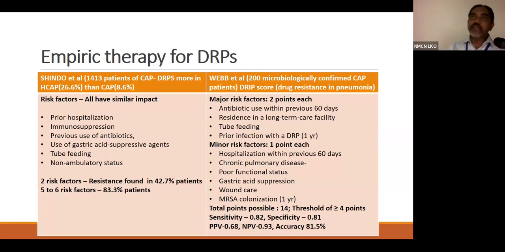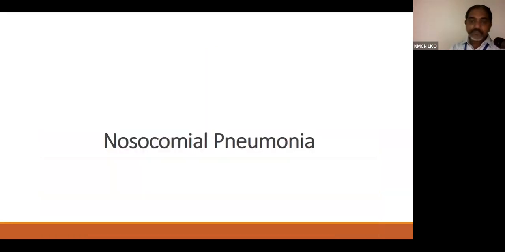They can guide you to add additional coverage for drug-resistant pathogens in patients with severe pneumonia who otherwise do not fit the criteria for having validated risk factors for Pseudomonas, MRSA, or ESBL producing organisms.